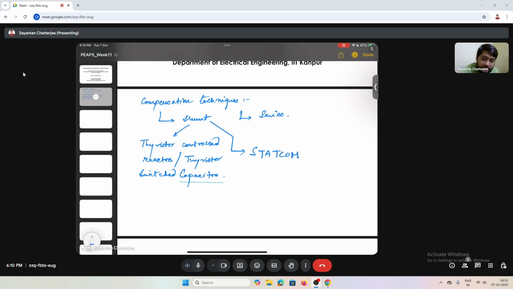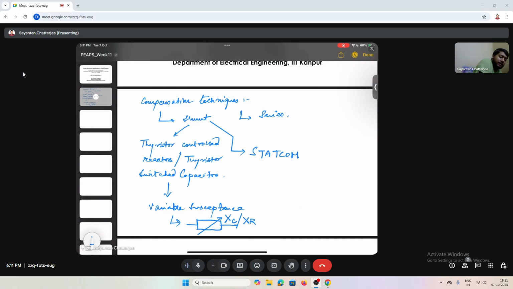So it is static synchronous compensator, and the main difference is that here we have a variable susceptance, that is, XC or XR, capacitor or reactor.